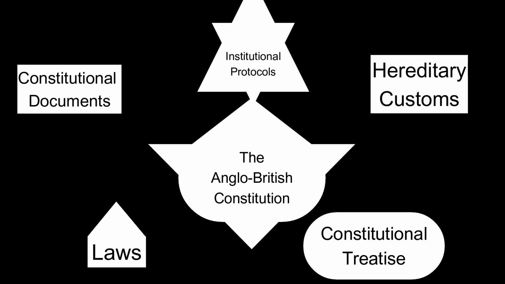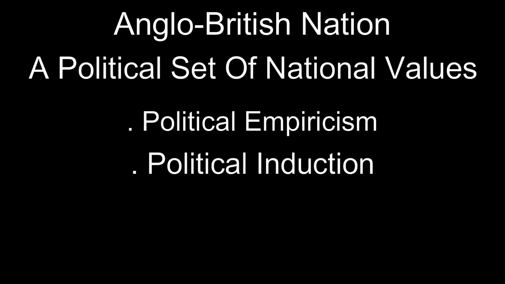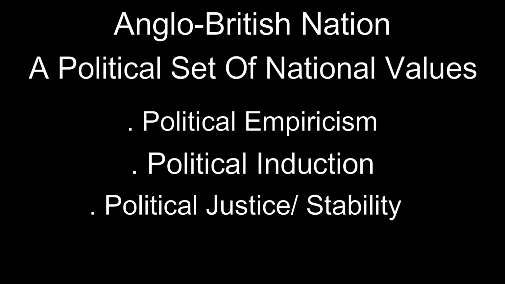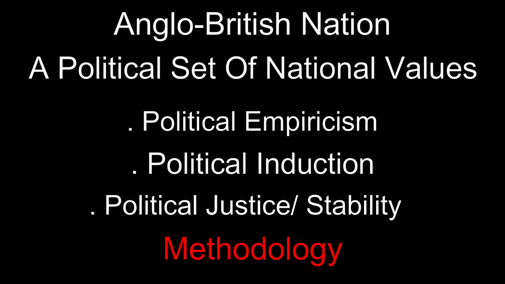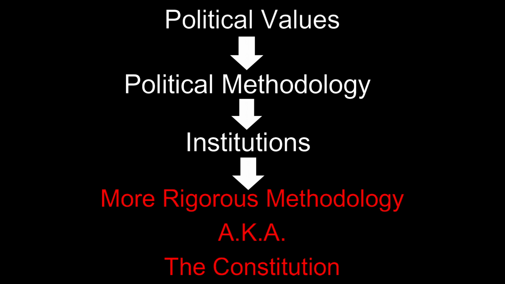My point is that the Constitution of the Anglo-British is really the set of values of the Anglo-British nation, a set of values that are inherently political in nature, that represent forms of political empiricism, political induction, and political justice or stability, and that therefore these make up a methodology and not a dogma, and that these values have been institutionalized so that they form a more rigorous methodology than if they were not institutionalized, and therefore that this methodology is really what the Constitution of the Anglo-British is.